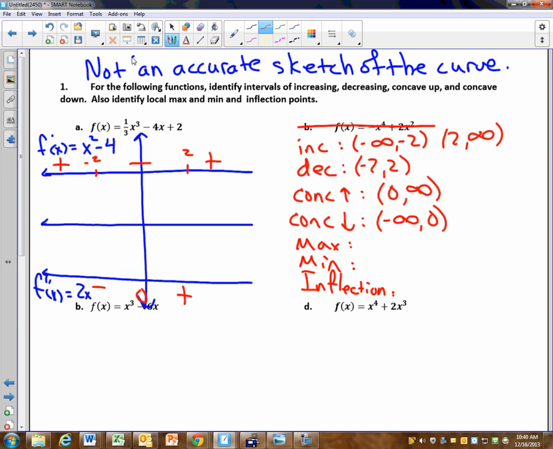Local maxes and local mins happen where the first derivative is equal to 0. First derivative is equal to 0 at negative 2 and positive 2, we said. Okay? So you tell me, at negative 2, is that a local max or is it a local min? Why is it a max? Yeah, okay, so good.